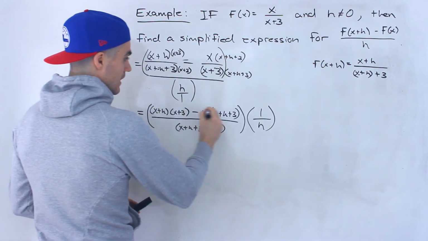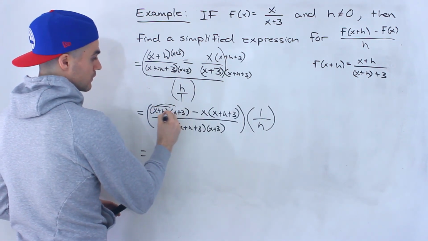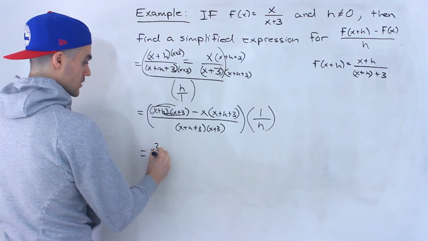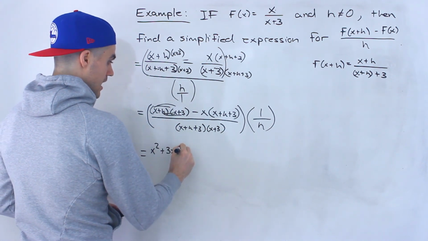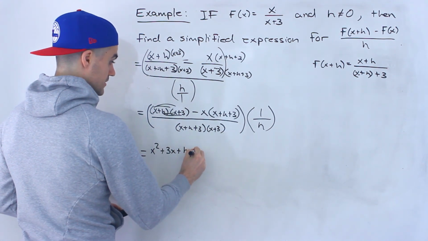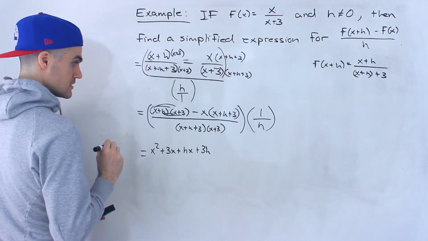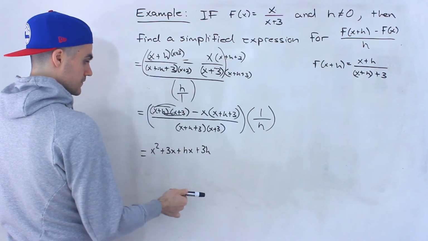So to simplify this numerator, we got to expand everything. Right? So just be careful with your algebra here. So we'll have x squared plus 3x plus hx plus 3h. I think that expands smoothly. Yeah, so we're all good there.